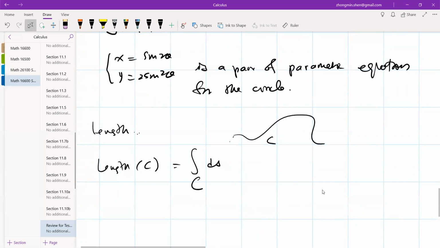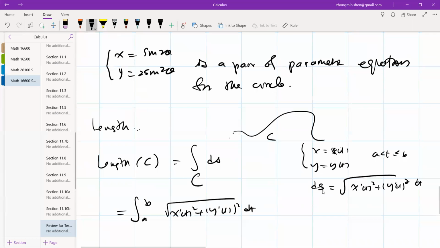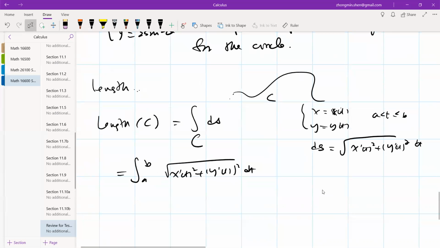If it's parameterized by x equals x of t, y equals y of t, with t between a and b, then ds is the square root of x prime of t squared plus y prime of t squared, dt. So all you have to do is evaluate this length using that formula.